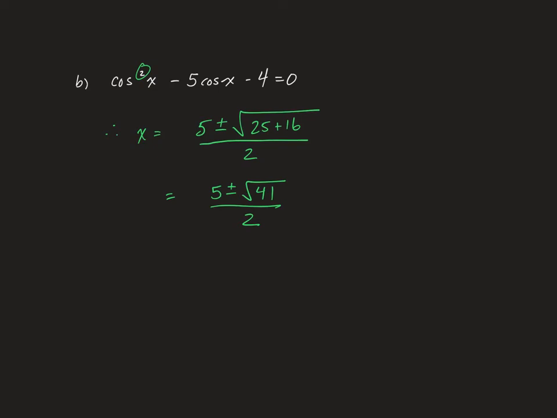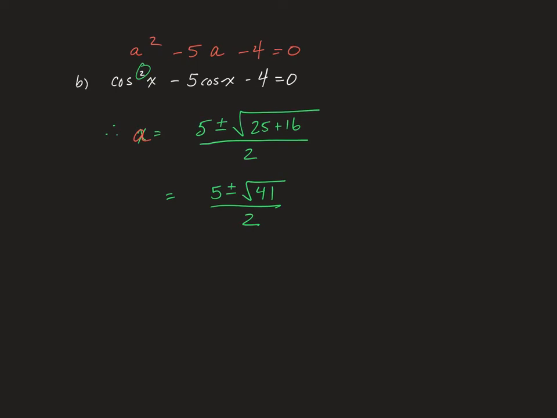Like when we went back and we used substitution to be able to solve this, you would have allowed cos x to be equal to another variable like a. And so if you viewed this as a squared minus 5a minus 4 equals 0, you wouldn't tell me, therefore x equals blah, blah, blah, blah. You would have told me, therefore a equals.